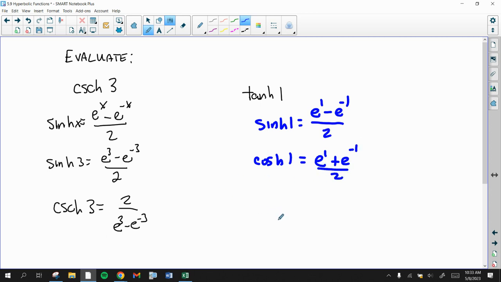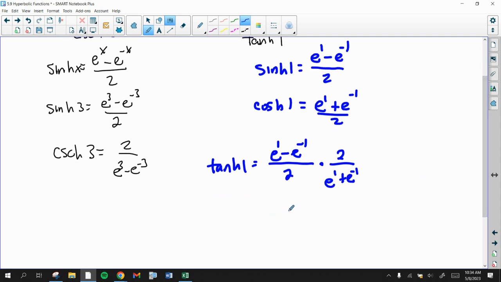So tangent would be the hyperbolic sine over the hyperbolic cosine, or just multiplied by the reciprocal of the hyperbolic cosine. And there we go.